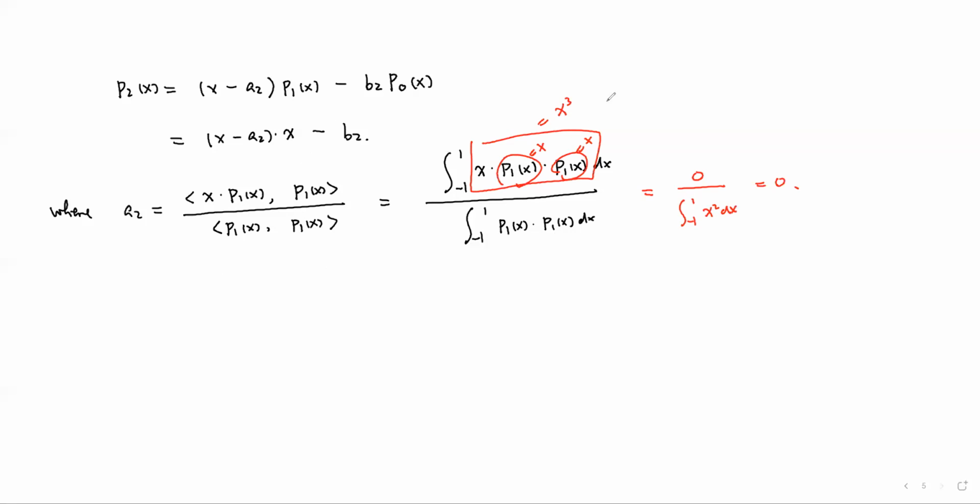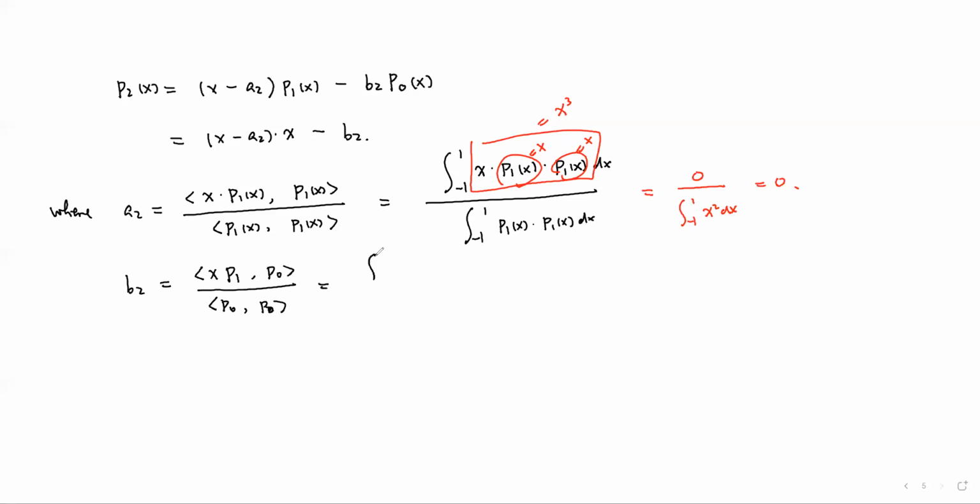How about B2? B2 is the inner product of x P1 with P0, over the inner product of P0 with P0.